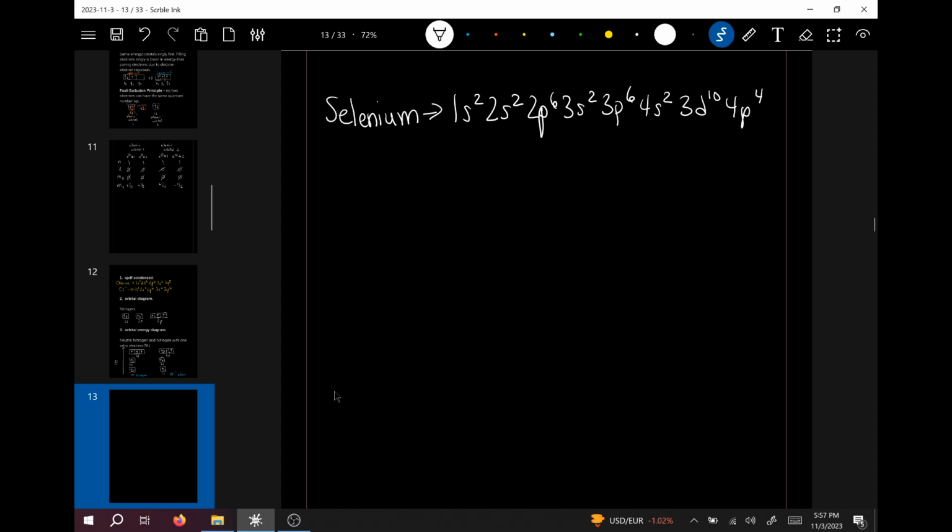So you can imagine, for really heavy elements, you're going to be sitting down writing these things for a while, and that can be very, very annoying. Fortunately, there is a shortcut method.